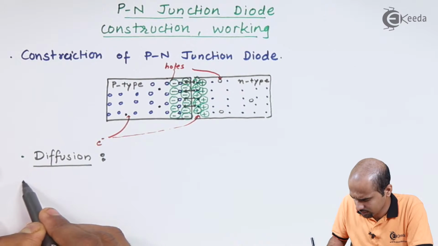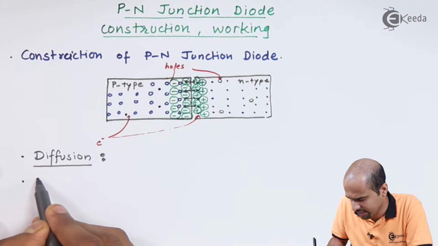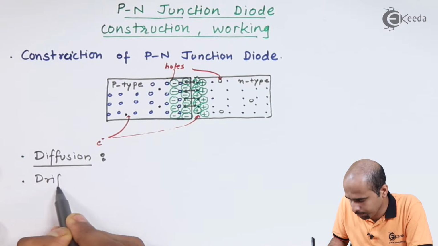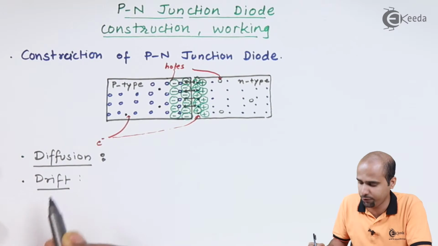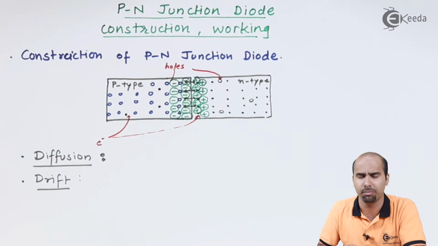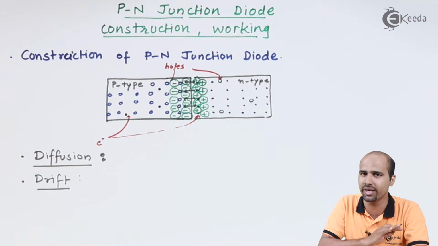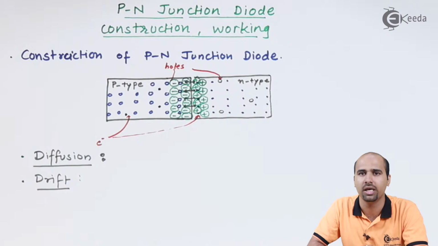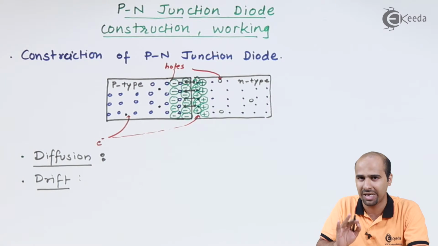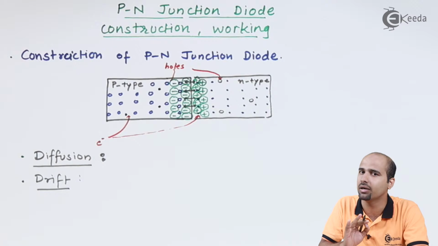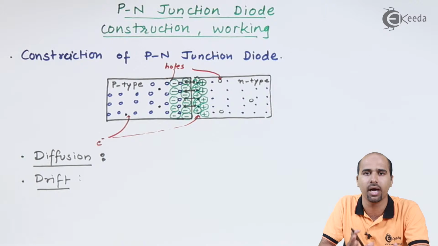Now another process that is called drift. People many times get confused between these two concepts. Mind well, diffusion is the process in which, without any external potential, electrons move from n-type to p-type and holes move from p-type to n-type to form a barrier.